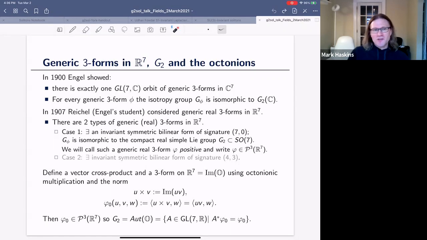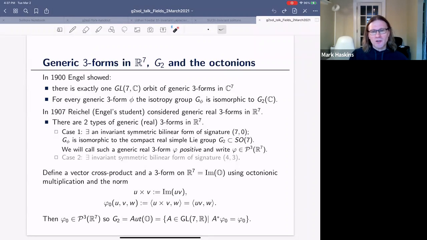Sometimes with generic things, it's hard to describe a particular element in it. In this case, that's not the case. Using octonionic multiplication, one can easily exhibit a particular 3 form. If you're used to thinking about the quaternions and geometry in R3, the cross product comes from taking the imaginary quaternions and multiplying them.